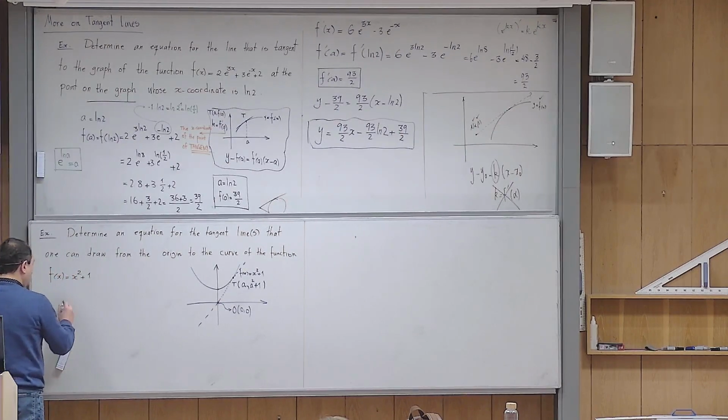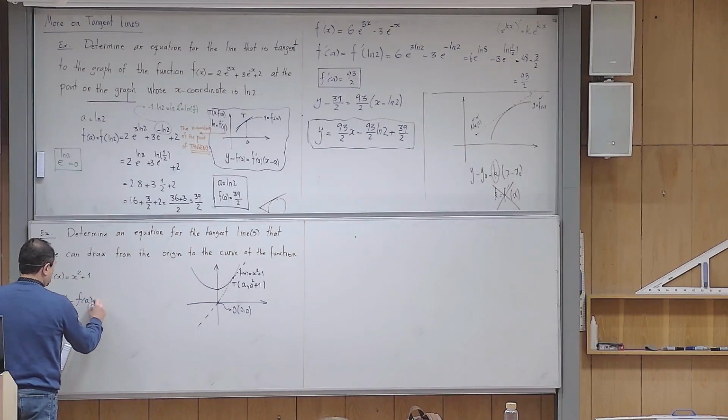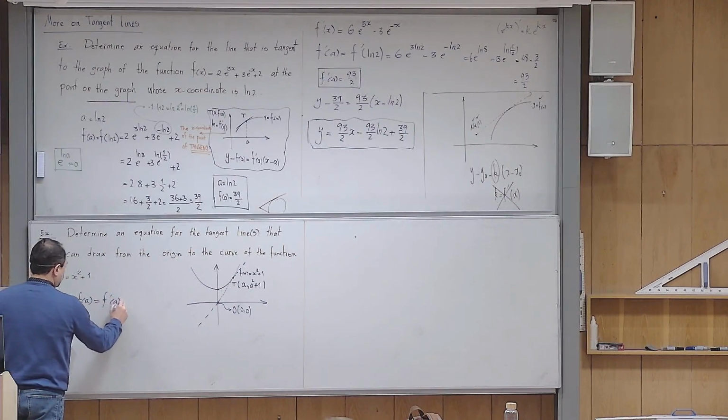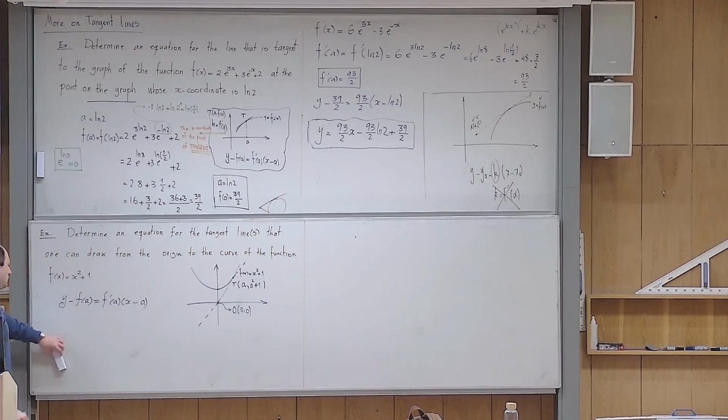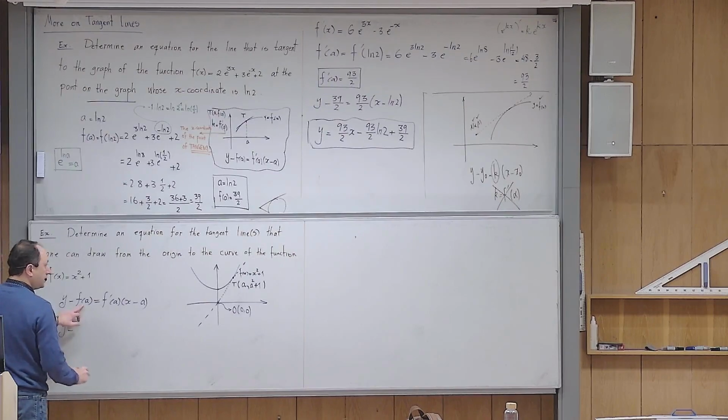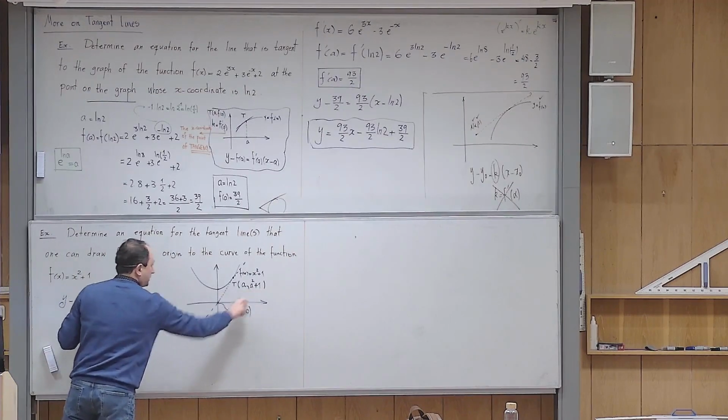So you have this equation. This is the equation for your line. So what is f of a? I know it. f of a is a squared plus 1.